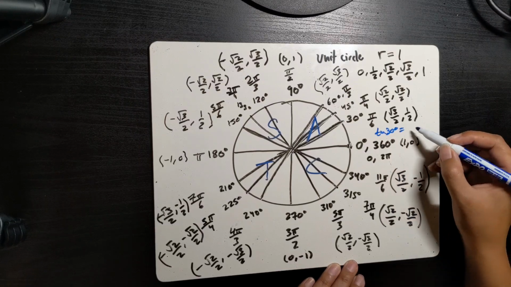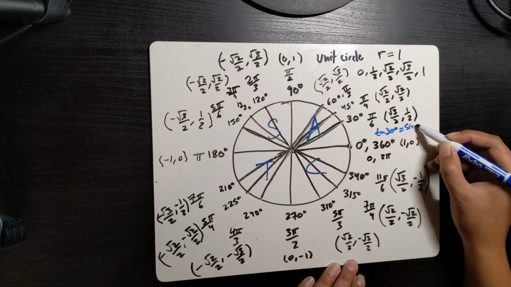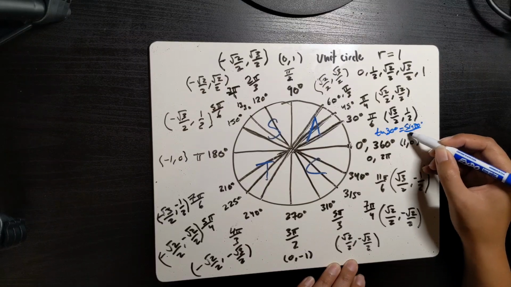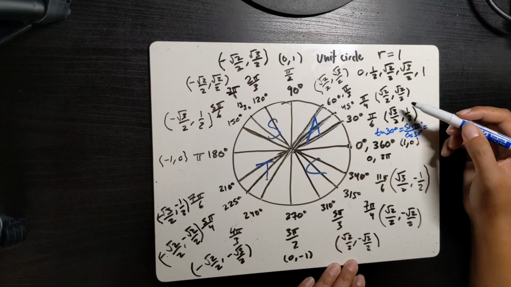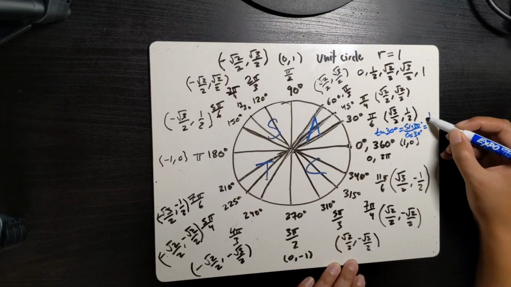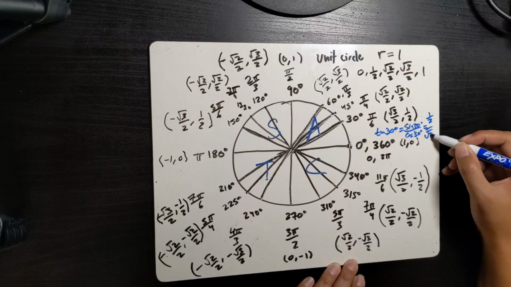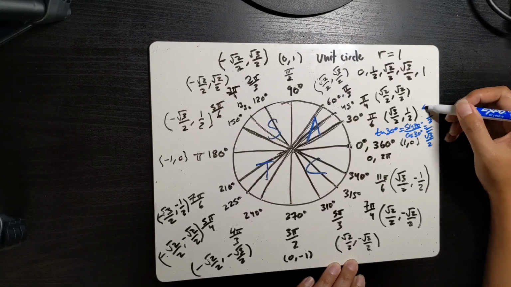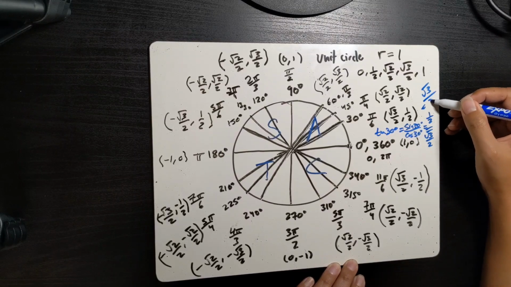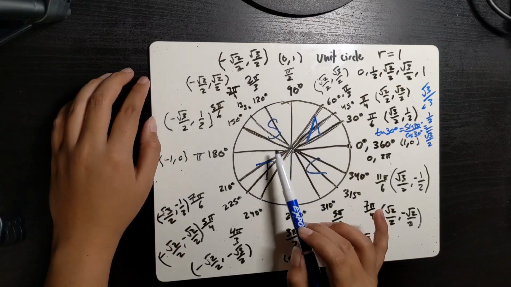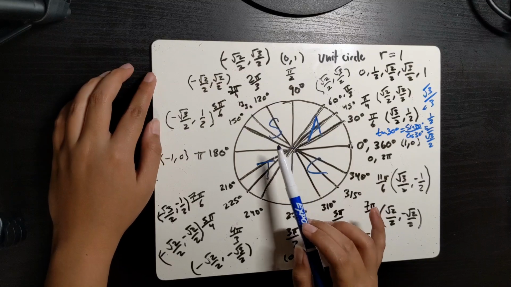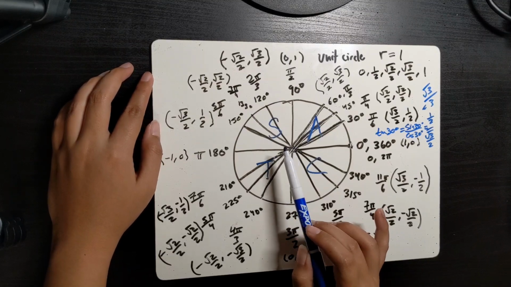Tangent 30 is just equal to sine 30 over cosine 30. And since sine 30 is 1/2, cosine 30 is square root 3 over 2, you'll get square root 3 over 3. In the second quadrant, only the sines would be positive.